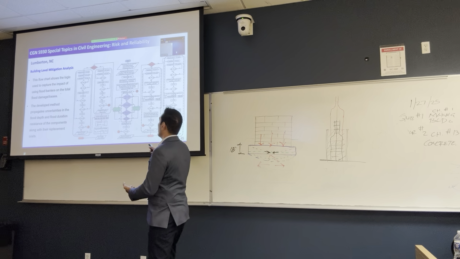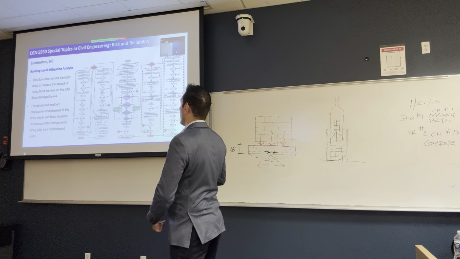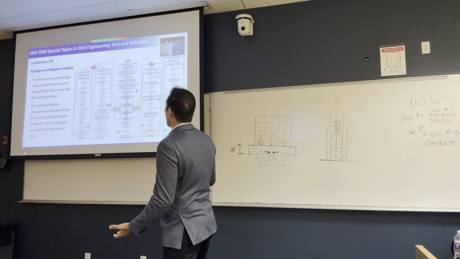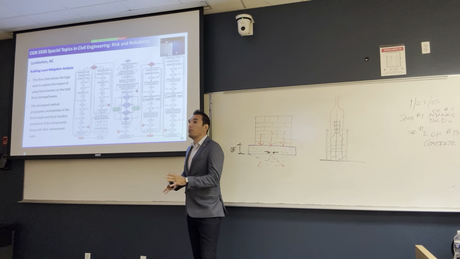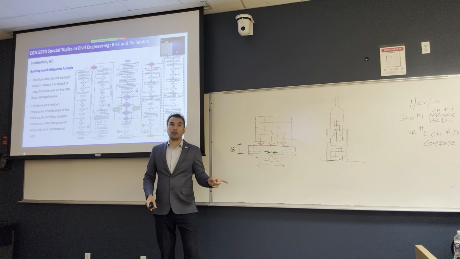For example, this is a flow chart asking if this building has a flood protection measure or not. Like if it has sandbags, a water dam, sealed doors, and flood resistant walls, and then make some functions to capture the impact of these mitigation measures on the fragility functions.